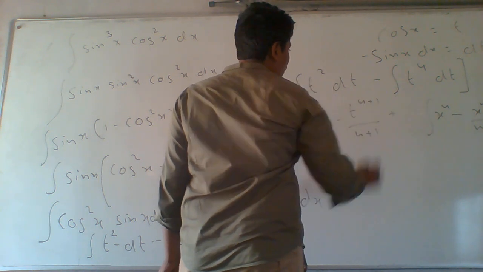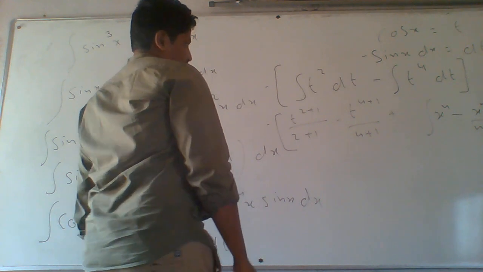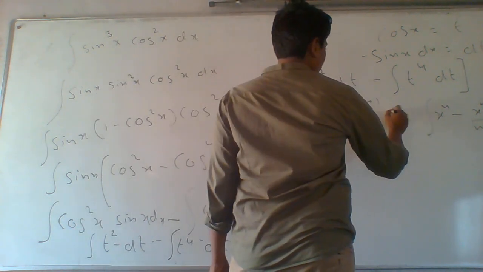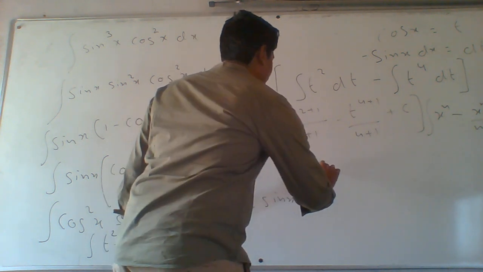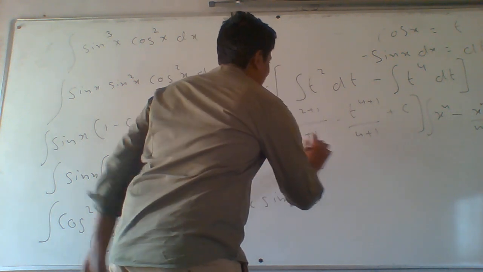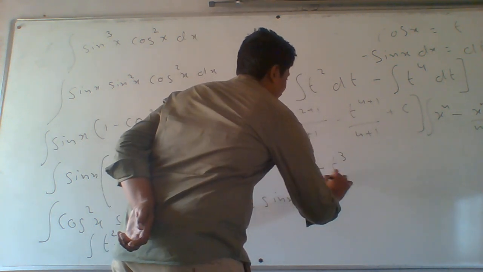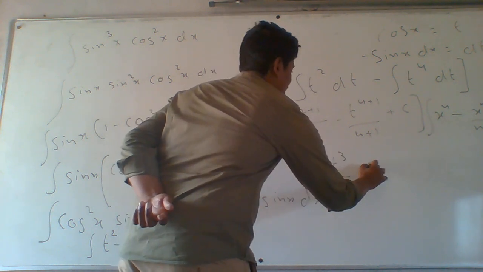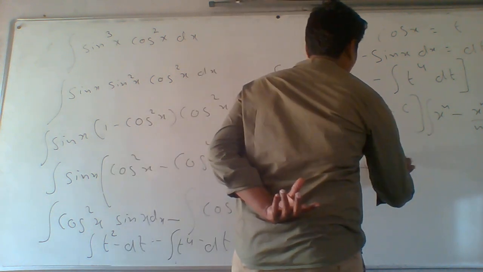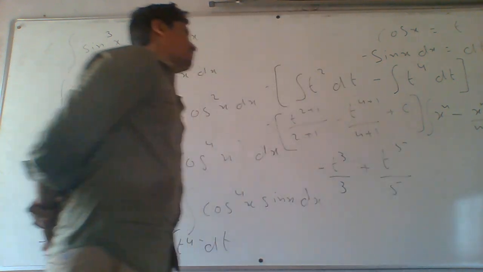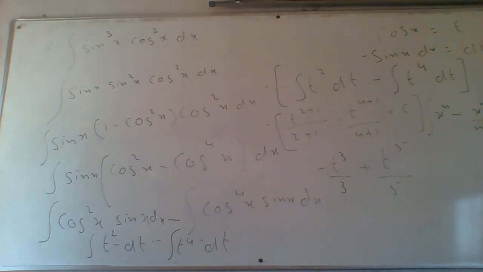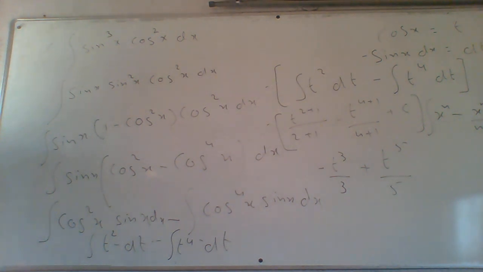We are applying the formula of integration. You have to put C. The sign minus stays outside: minus t power 3 by 3 plus t power 5 by 5.